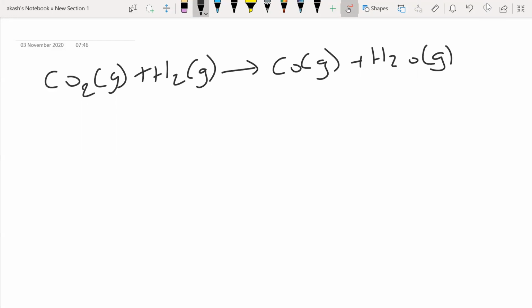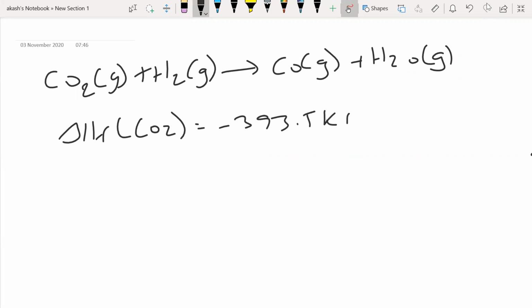Now they have given this equation to you, right? And they have given one more piece of information. They have given delta Hf of CO2 to be equal to minus 393.5 kilojoules per mole.